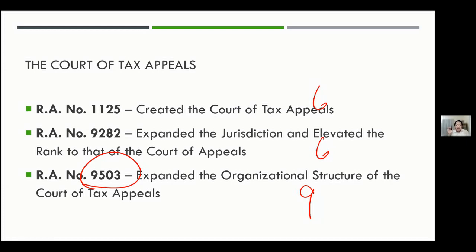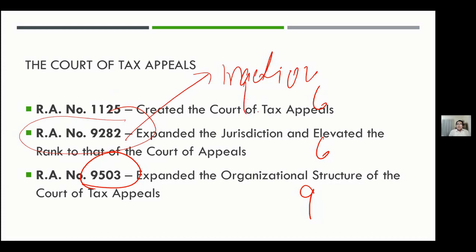But you have a remedy under RA 9282. Because ang sabi dyan sa Section 3 of RA 9282, the CTA has exclusive jurisdiction on the commissioner's inaction.